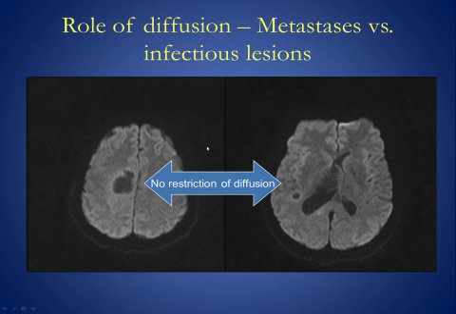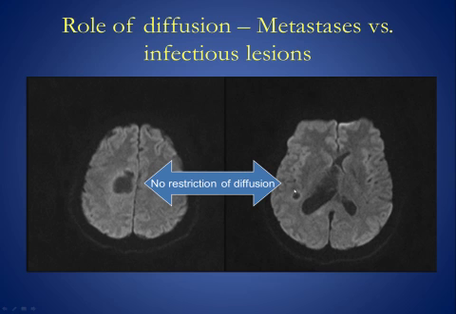And just a final point on the role of diffusion. Frequently these intracranial lesion patients will get MRIs, and a lot of the times you want to look at the diffusion weighted images. So let's say you see multiple ring-enhancing lesions like we did on the slide before, and in this case you see that there's no restriction of diffusion.